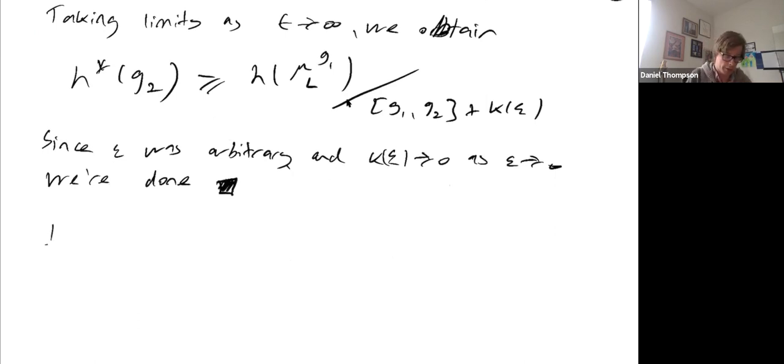I've gone over, but I can't resist writing the conclusion because we've just been doing all this technical work. That was the key lemma.